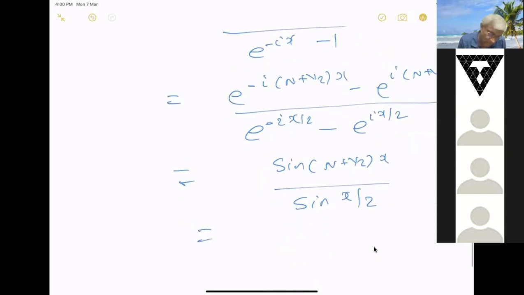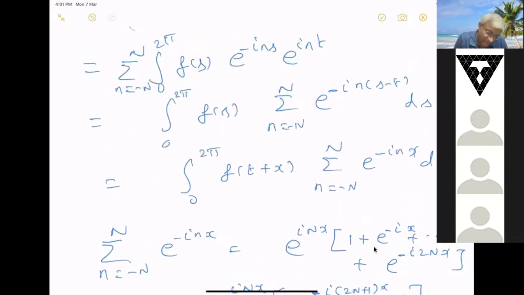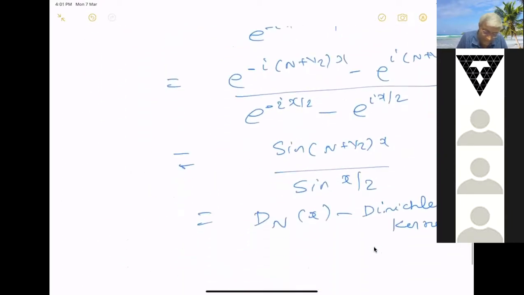This is what is called Dn of x. This is what is called the Dirichlet kernel, the famous Dirichlet kernel in Fourier series. Okay, so I have just evaluated what is in that integral, I have just computed it like this.